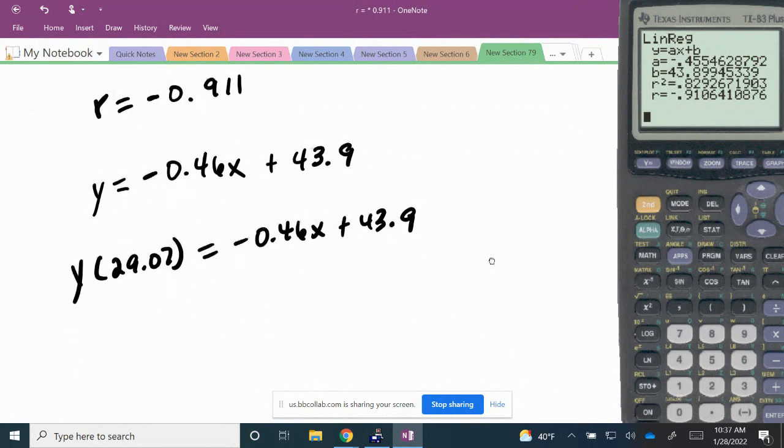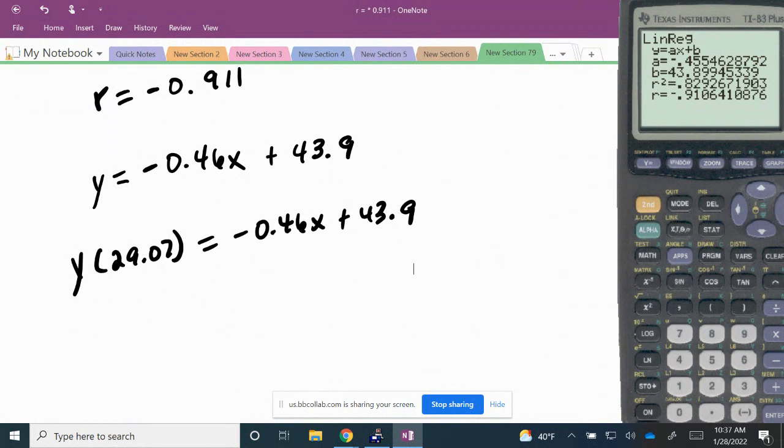Here I'm going to substitute x with 29.07. So I have negative 0.46 times 29.07 plus 43.9.